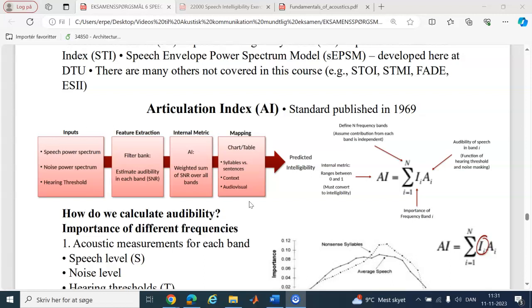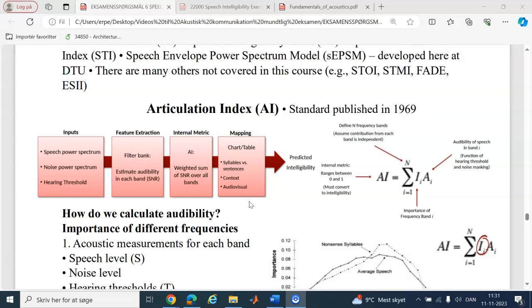So we define n frequency bands and assume the contribution from each band is independent of each other. We have the importance of frequency bands, called sigma.